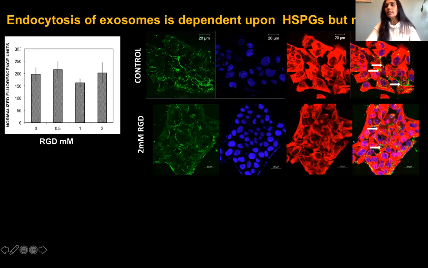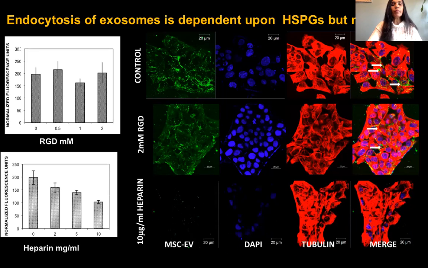The cells were still taking up as many EVs as they could. But when we blocked the heparin, we found that the endocytosis was completely abolished, telling us the endocytosis of EVs by retinal neurons goes through HSPG receptors.